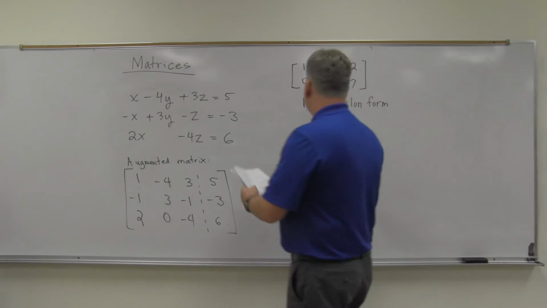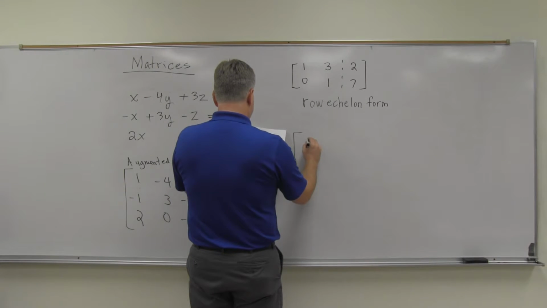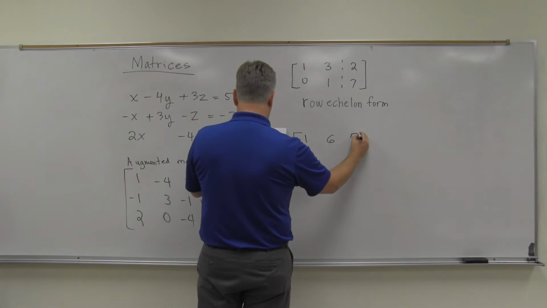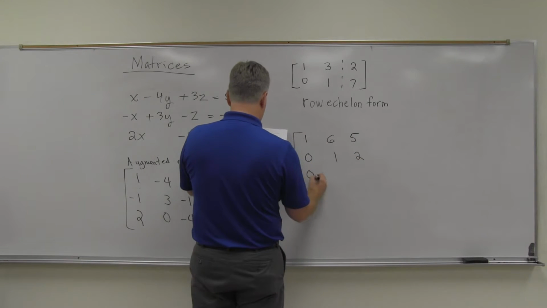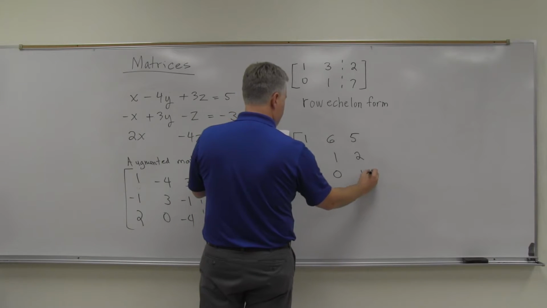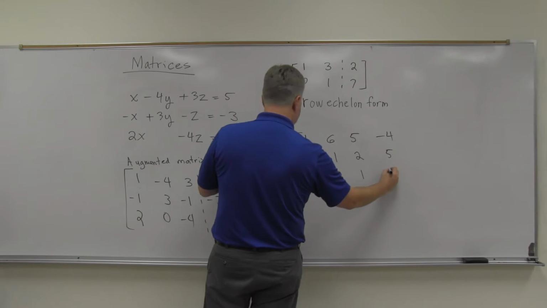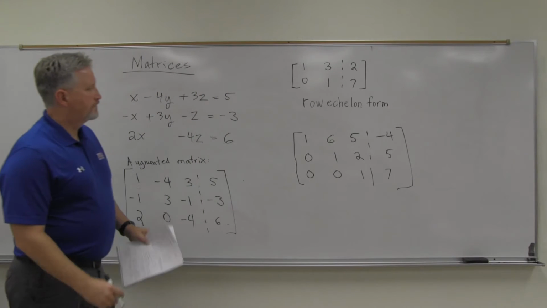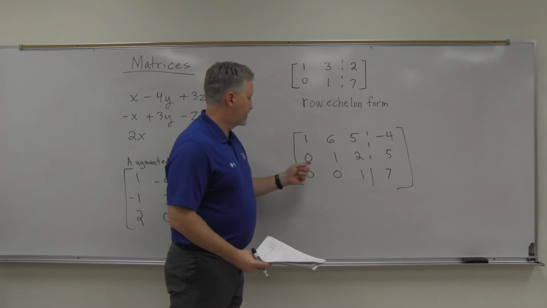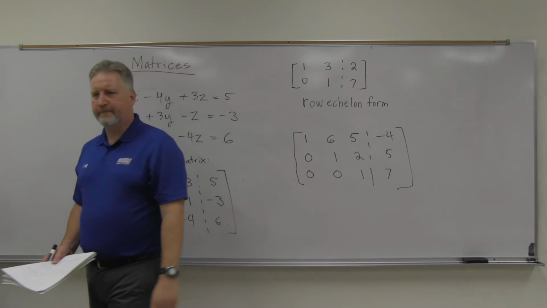Let me show you another one. A three equation one. 1, 6, 5, and then -4, 0, 1, 2, 5, and then 0, 0, 1, and then 7 over there.